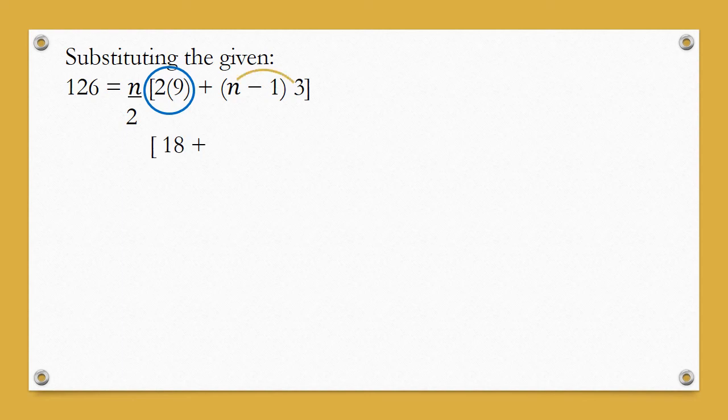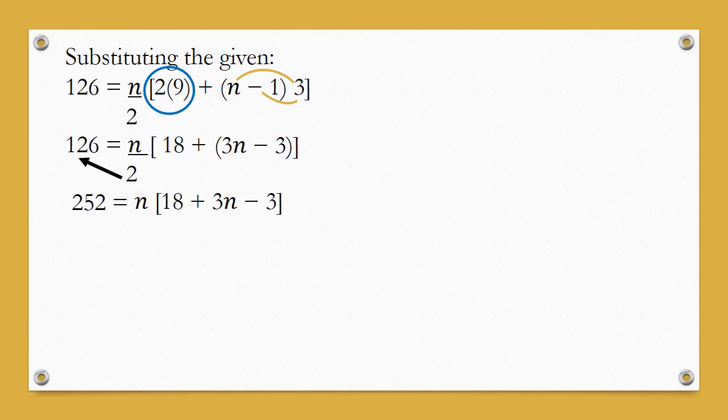By distributive property, n times 3 is equal to 3n, then negative 1 times 3 is equal to negative 3. Then copy the remaining. Okay, this time you're going to multiply 126 times 2, which is equivalent to 252. Then copy the remaining.